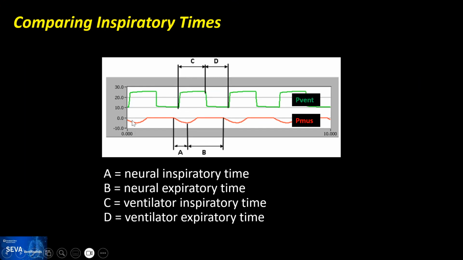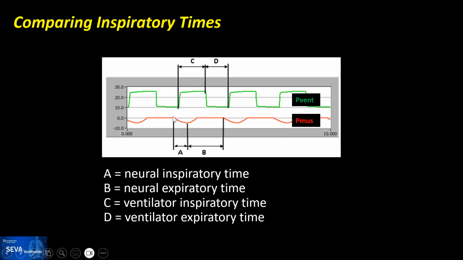However, in the background, in this red line, we have the PMUS signal, because this is a waveform taken from a simulator, not from a ventilator, of course. The start of inspiration is here, and in the interval A, the inspiratory muscle pressure is increasing. It's shown negative here, but it's actually a positive number.